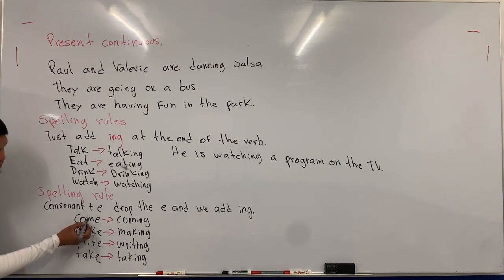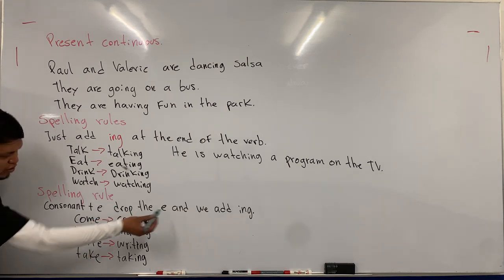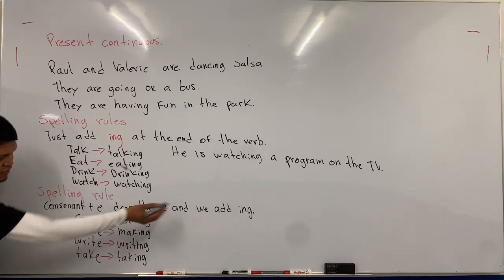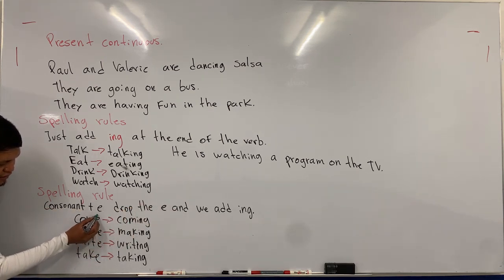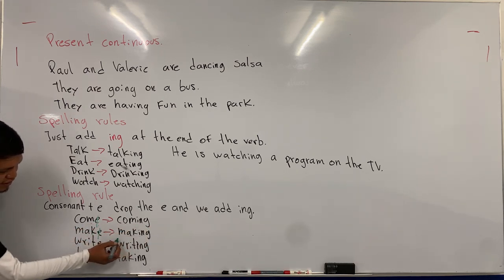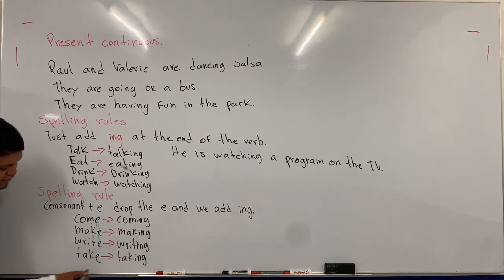I mean in Spanish. Cuando tenemos un verbo que termina en consonante más una e, quitamos la e y agregamos ing. Entonces en este caso quitamos esta y le agregamos ing, quedaría coming. Make, quitamos la e, agregamos ing, quedaría making. Write, quitamos la e y quedaría writing. Take, quitamos la e y quedaría taking. Right?